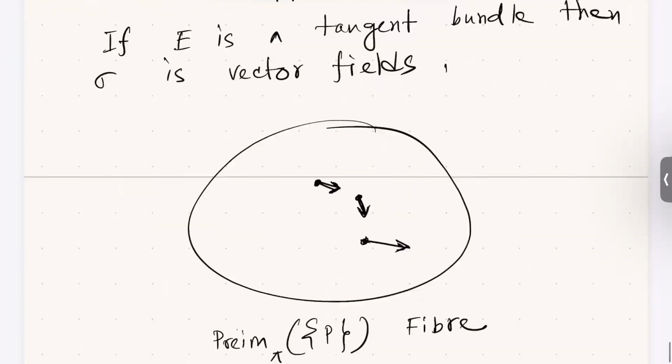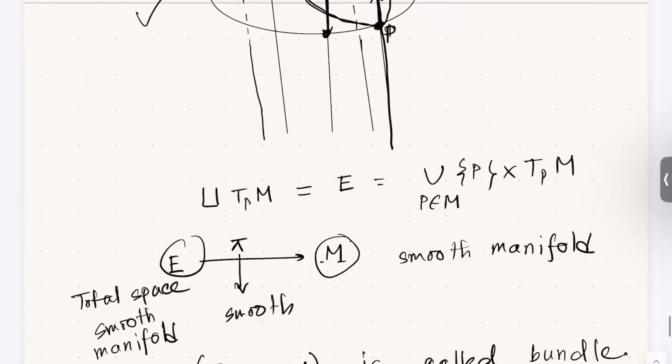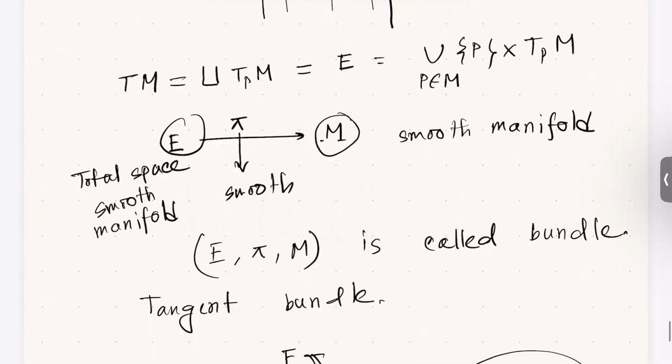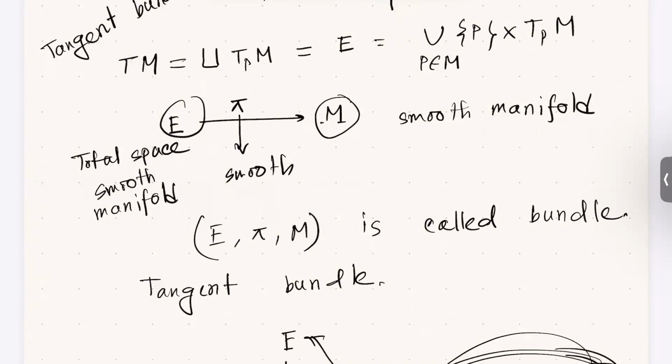This bundle is denoted by TM, and this is called the tangent bundle.